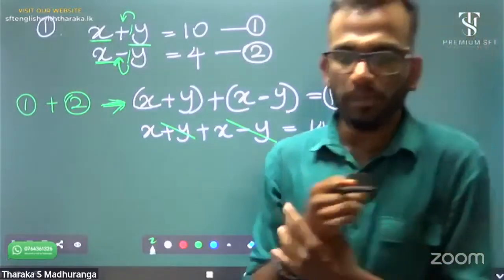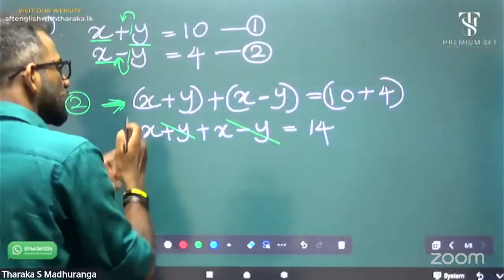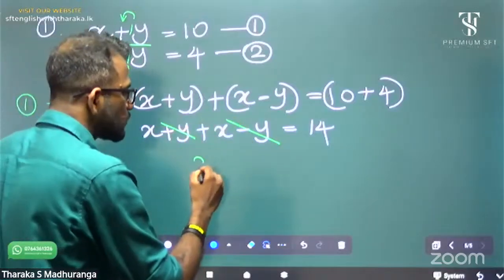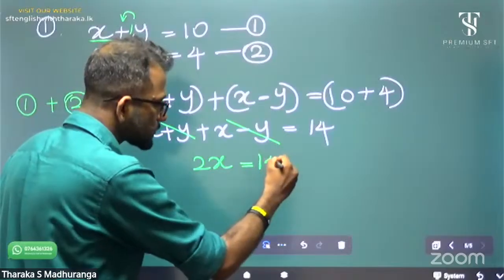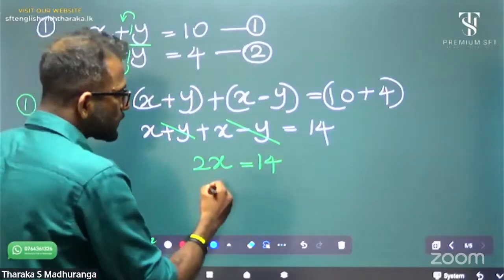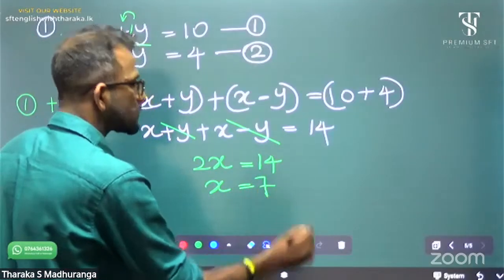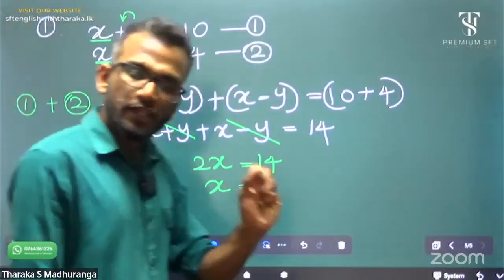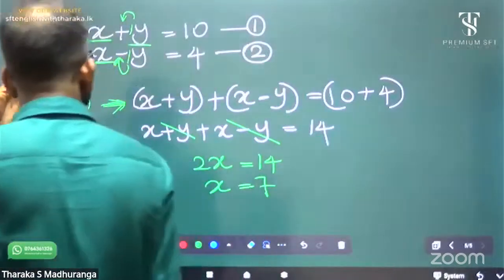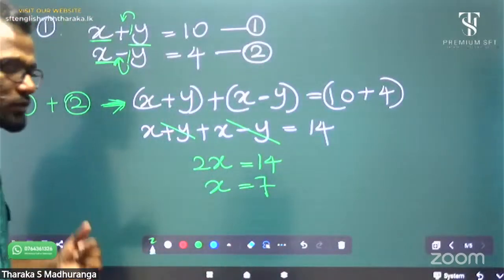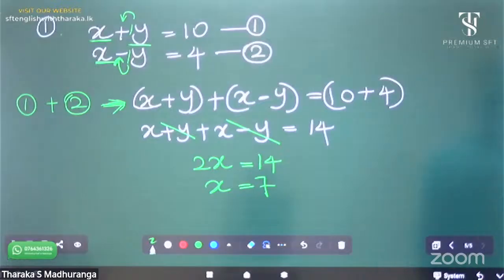Now x plus x, 2x equals 14 (sic: 2x equals 14), so x equals 7. What can we do to calculate y? How to calculate y now?